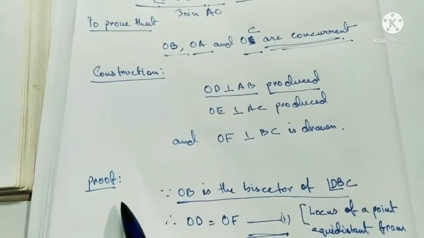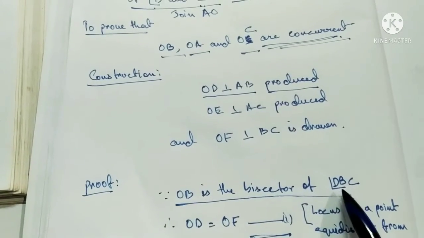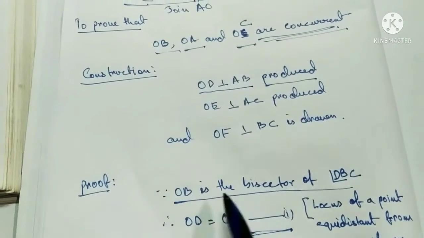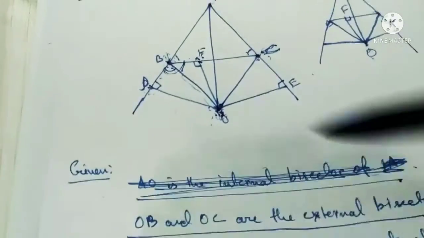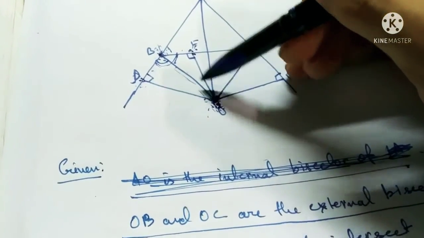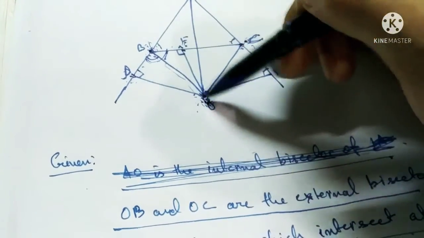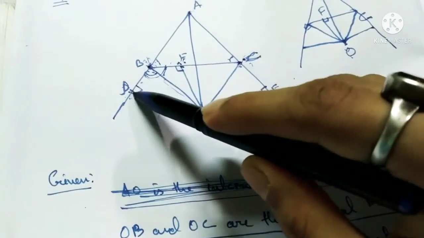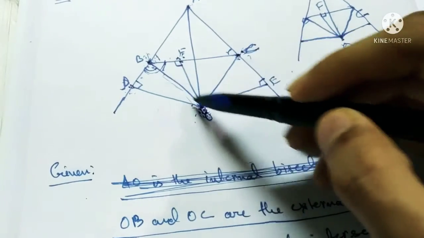Now proof. Since OB is the bisector of angle DBC, it is the external bisector.